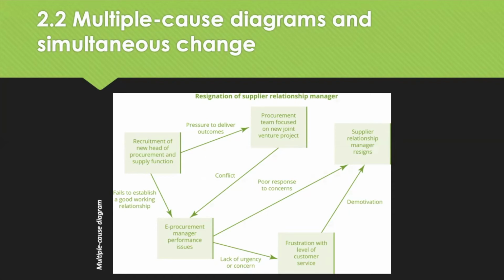Several components need to be included within a multiple cause diagram, and then you label the change that needs to be addressed. Begin with the end change situation and work backwards, and start with the immediate cause and consider more distant variables that may have contributed directly or indirectly to that change situation.